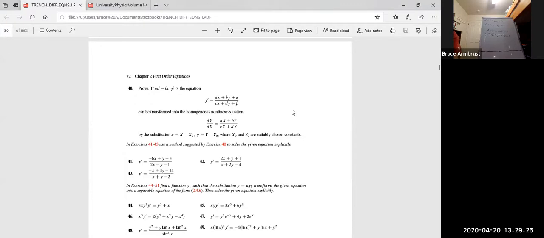I'm going to put some constant in there that's going to make it so that this is the right form. If you look at that, first of all, you notice that 42 is exactly the form of 40. So we've got A is 2, B is 1, alpha is 1, C is 1, D is 2, and beta is minus 4. So let me just go ahead and write this up on the board.